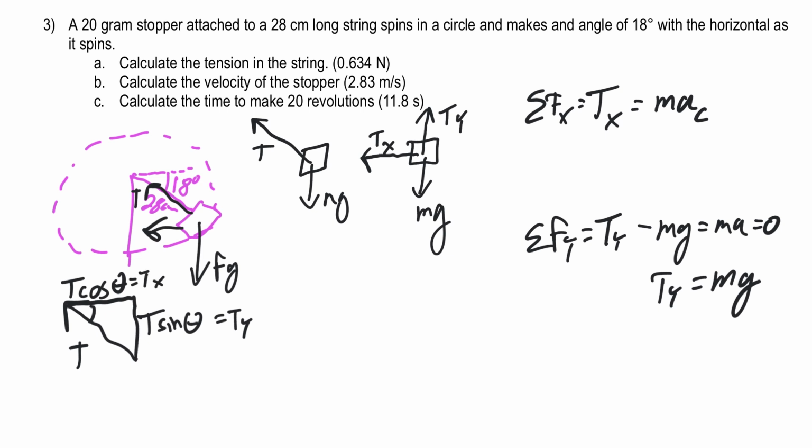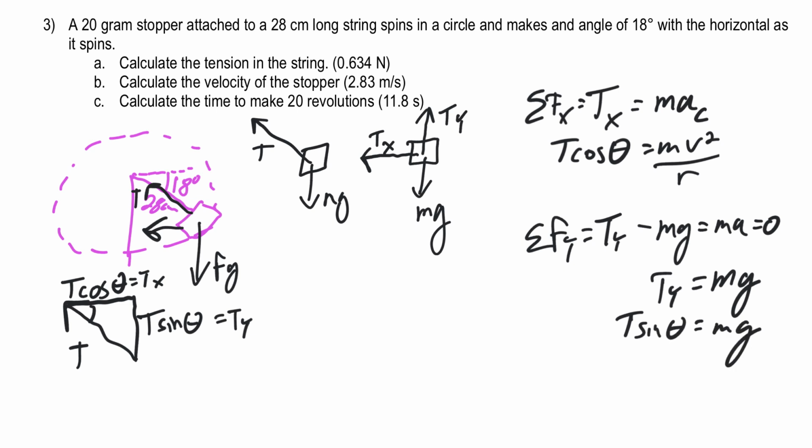If we break these equations down a little bit further, we got T cosine theta equals m v squared over r again. Down here on the y side, we're going to have T sine theta equals mg. So this is really the setup for these types of problems. At this point, we're just going to start solving for things.